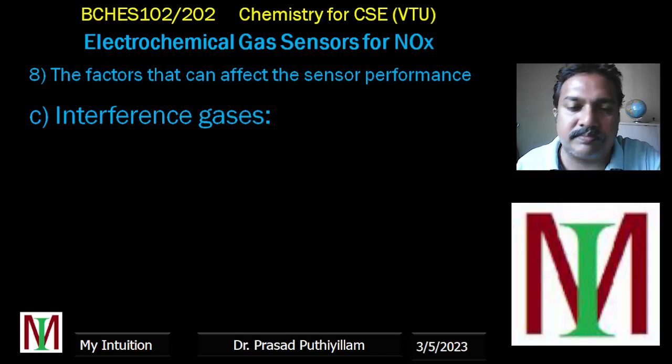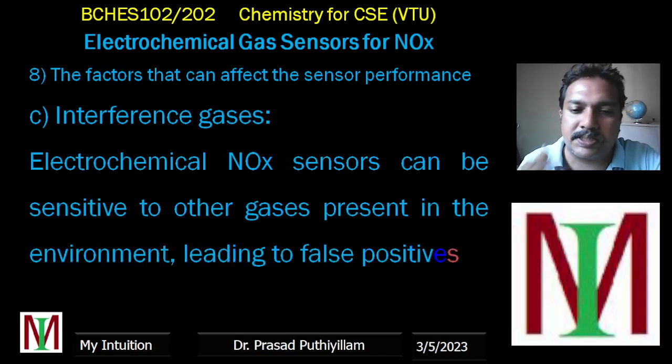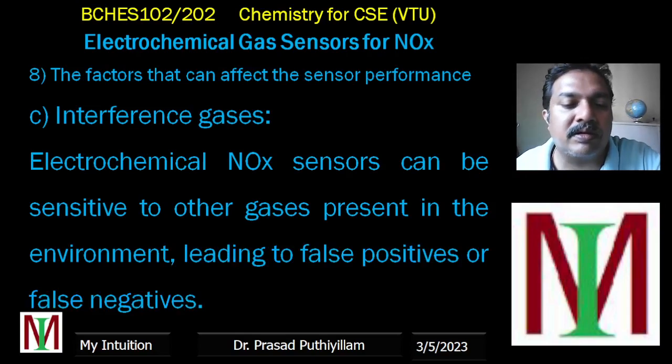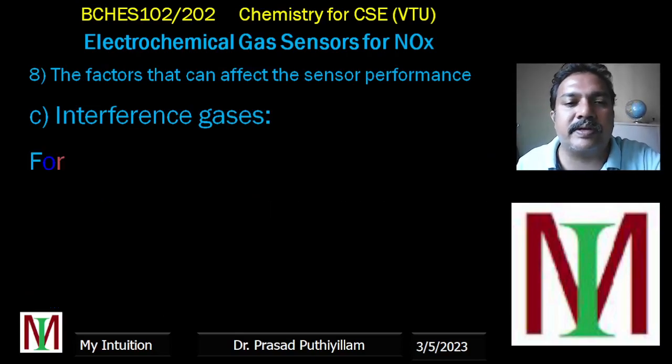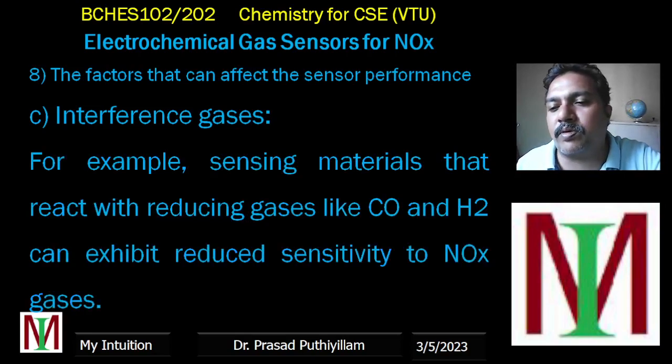Interference gases. Electrochemical NOx sensors can be sensitive to other gases present in the environment, leading to false positive or false negative results. Other gases will interfere. For example, sensing material that reacts with reducing gases like carbon monoxide and H2. Okay, by mistake I didn't make it smaller.